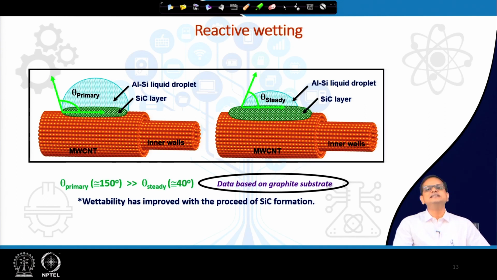The point here is that silicon carbide is forming, which is improving the wettability. At the same time, from the critical layer thickness calculation, we realized that the silicon carbide layer thickness will also not be very high. It will remain in few nanometers, couple of nanometers, and actually it will not be really hampering the mechanical property of the composite material.